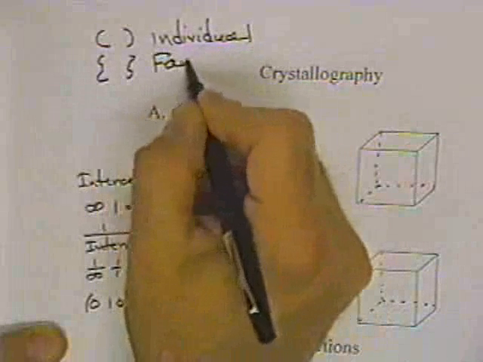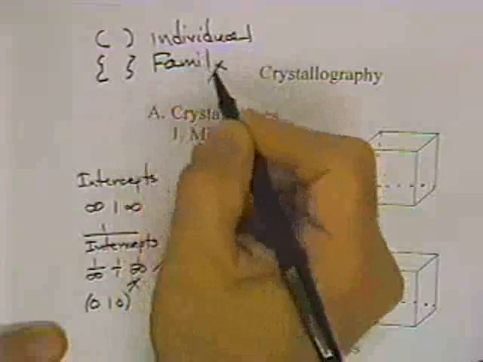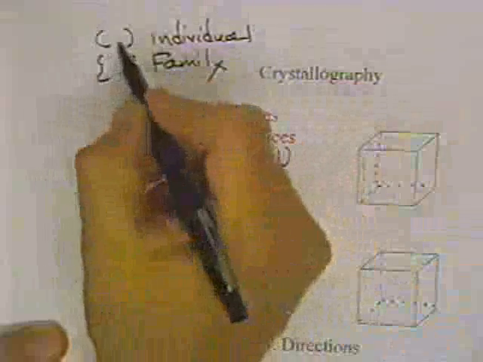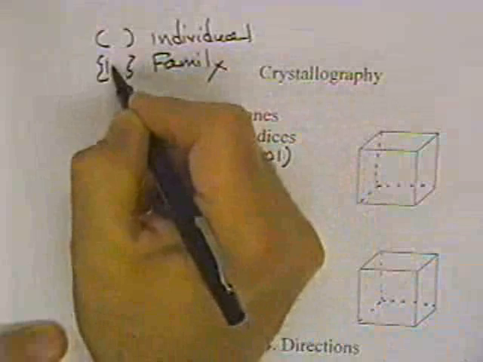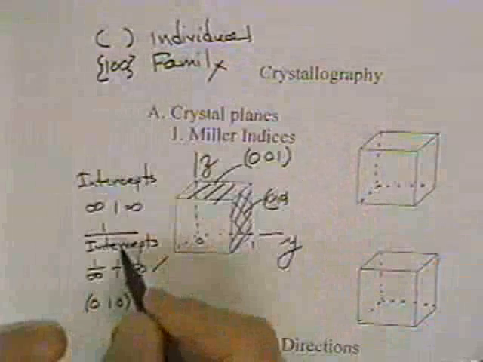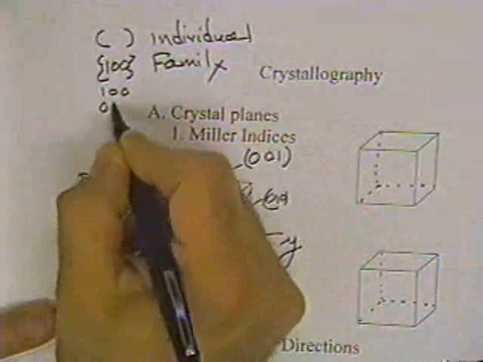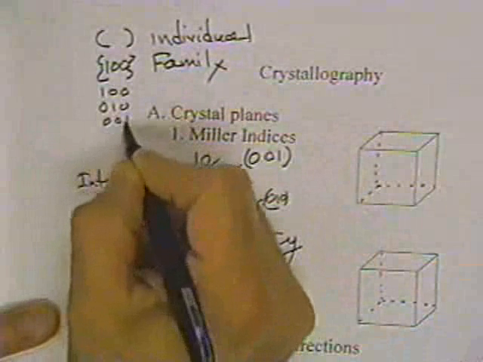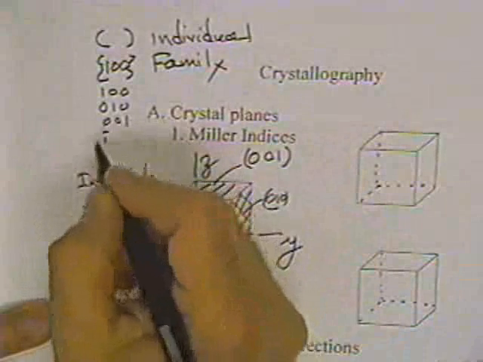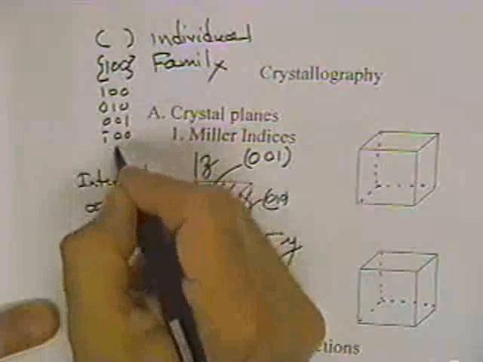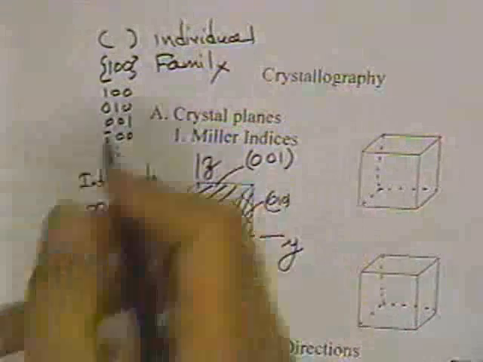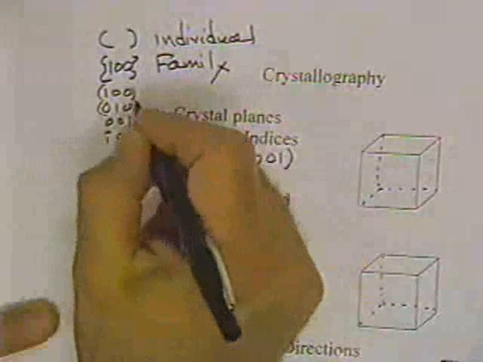So this would correspond to a family of planes. And if you had a family of {1, 0, 0} planes, that would include the (1, 0, 0), the (0, 1, 0), (0, 0, 1), (0, 0, bar 1), which would be in the negative direction, etc. So it would include all those individual planes.